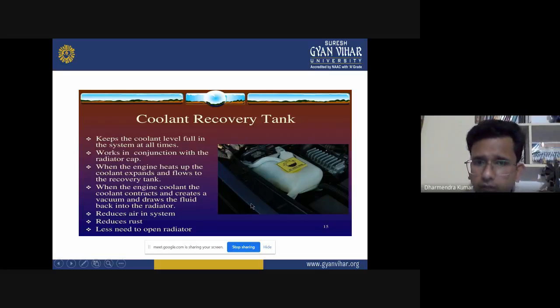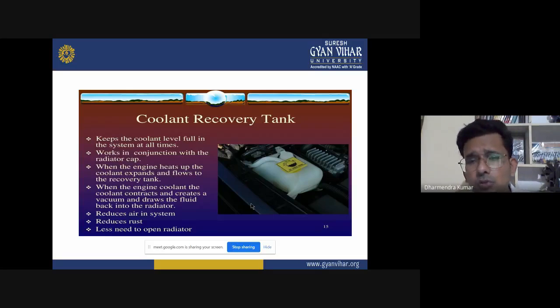It works in conjunction with the radiator cap. When the engine heats up, the coolant expands and flows to the recovery tank. And when the engine cools, the coolant contracts and creates a vacuum and draws the fluid back into the radiator. This reduces air in the system, reduces rust, and means less need to open the radiator.